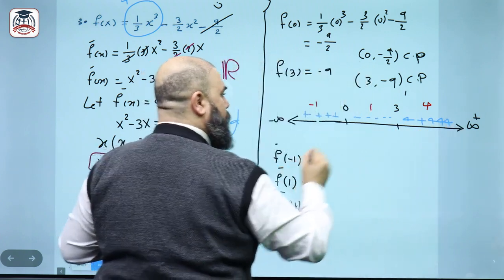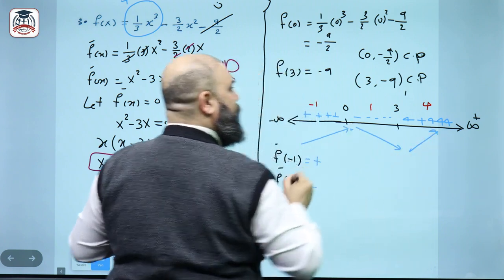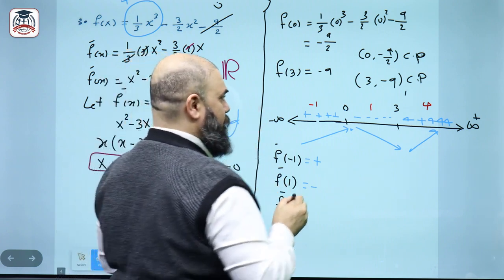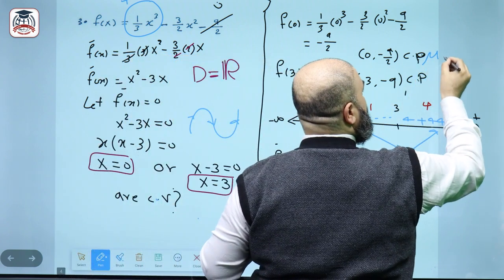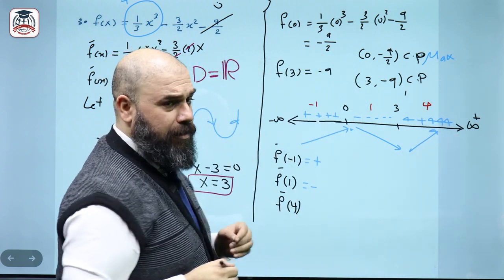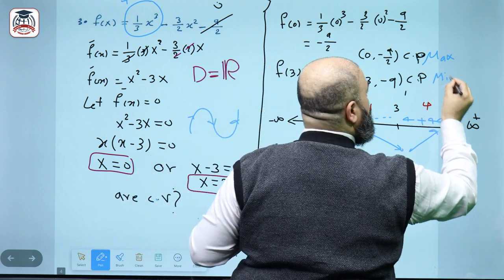Then we have increase, decrease, increase. This point, with x equal to 0, is a local max, and the second point, 3 and -9, is a local minimum point.